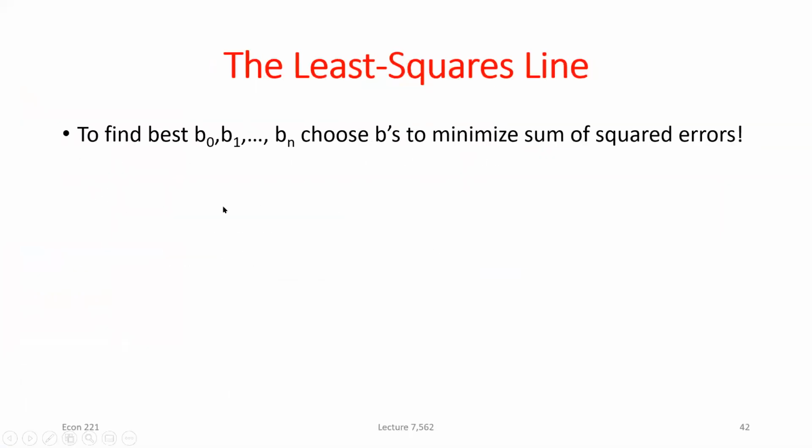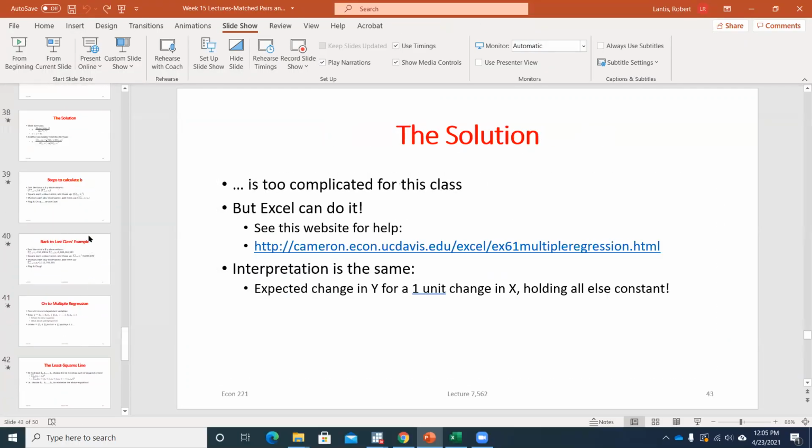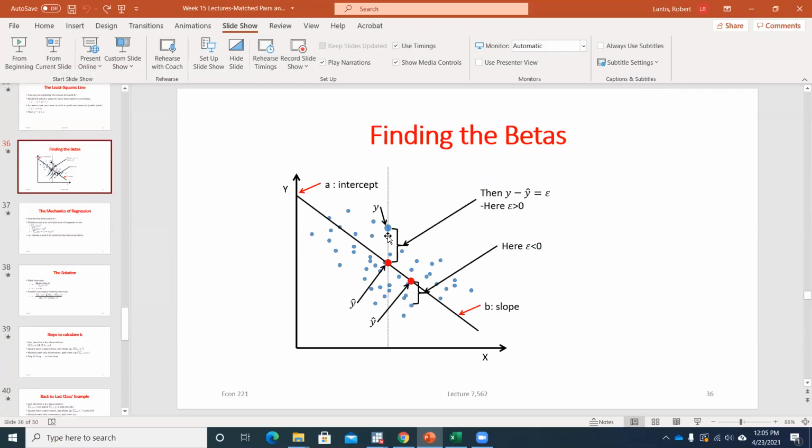So what this really becomes is, I'm still trying to choose this line of best fit. Remember, we said we want this line of best fit such that we're minimizing the amount of errors we're making. If I go back, we had the errors from our predicted Y and the actual Y, and we were trying to get the line of best fit that minimized the sum of those errors squared.